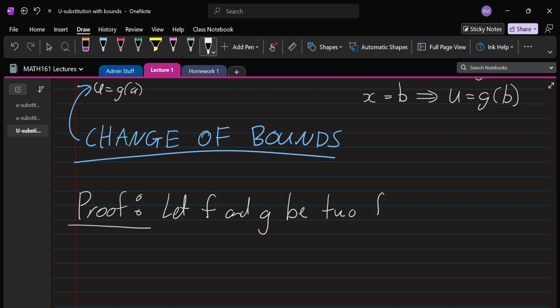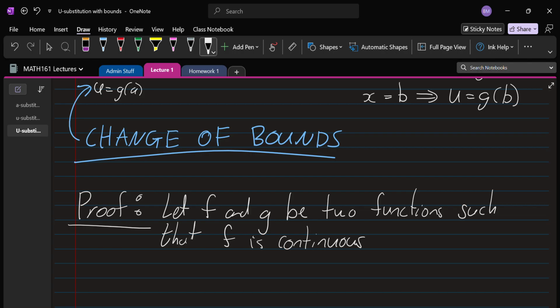Okay, so let f and g be two functions such that f is continuous. Quick show of hands, who's forgotten what continuity means? Okay, so everyone knows what continuous means.